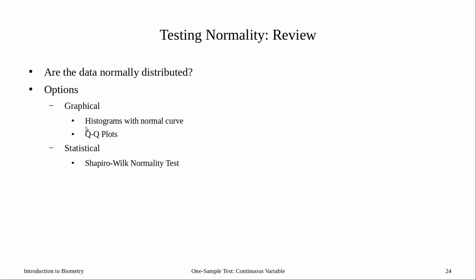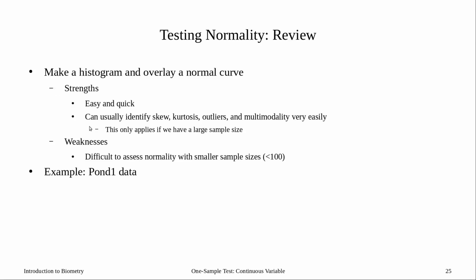Of the two graphical methods, we can do histograms with a normal curve. The strength of this is that it's quick and easy. We can make a histogram, then we overlay the curve, and this normally shows us some skew. It can show us kurtosis. It definitely shows us outliers, especially if we have a couple of values that are really extreme. And if our data exhibit two peaks, the histogram shows it very clearly.